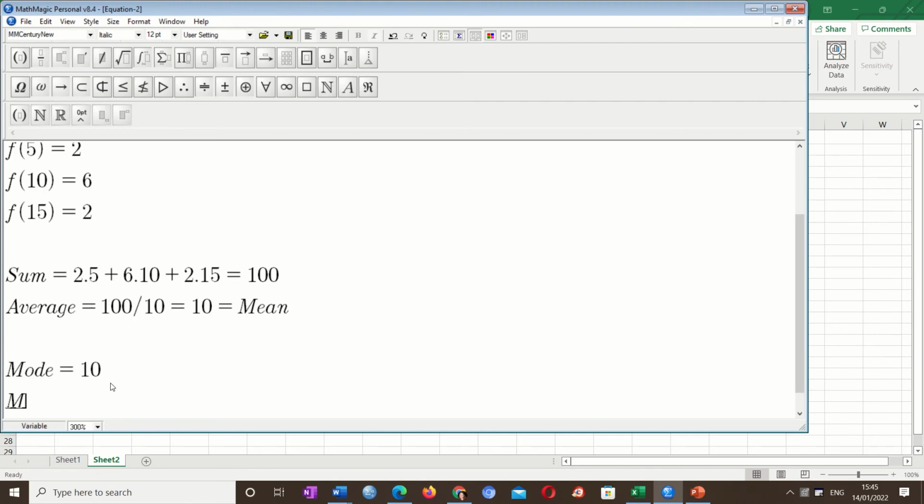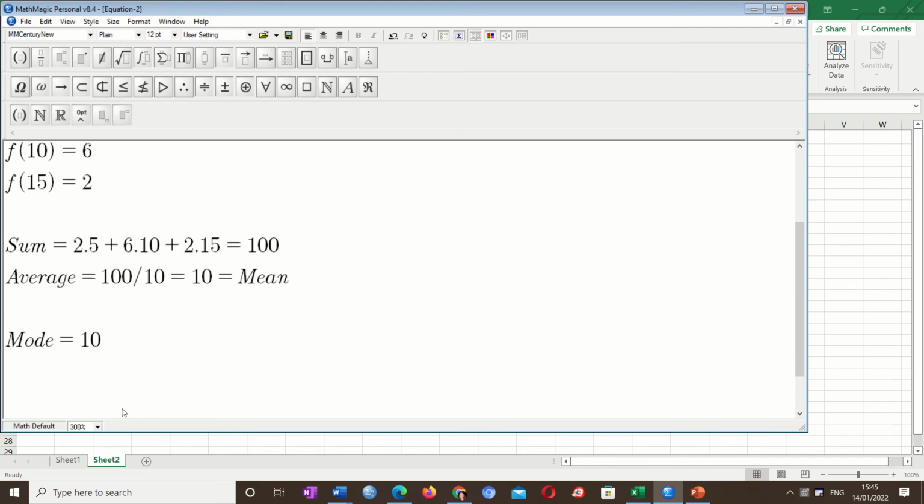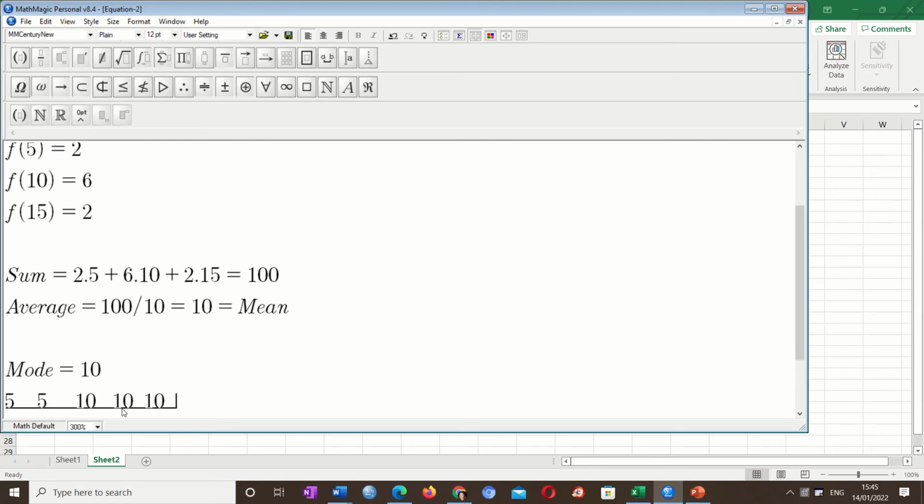And what is median? For finding the median, I have to arrange these numbers. So what I have here is 2 5s, 6 10s, and 2 15s.